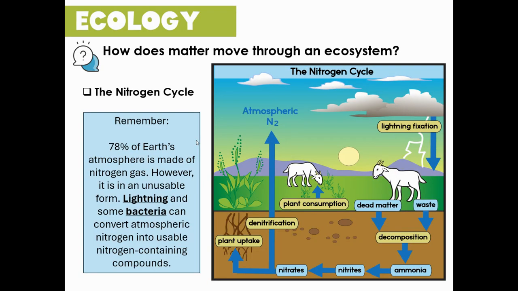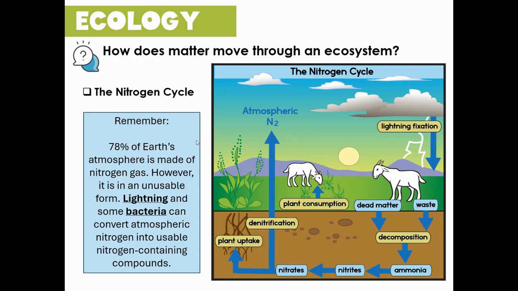Another important biogeochemical cycle is the nitrogen cycle. So if you'll just study this picture so that you see all the different ways that nitrogen can be absorbed or picked up or transformed. Again, nitrogen is extremely important for all living organisms. And if you'll remember, 78% of the Earth's atmosphere is actually made of nitrogen gas, but it's an unusable form of nitrogen.